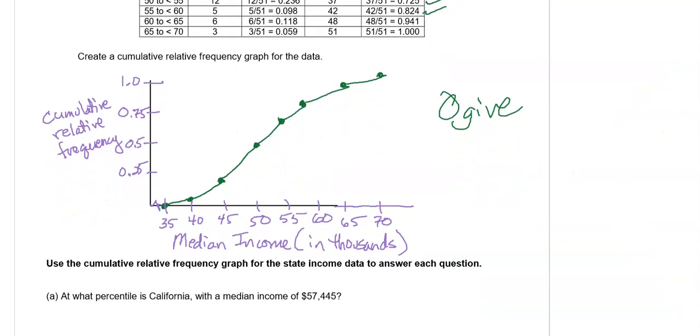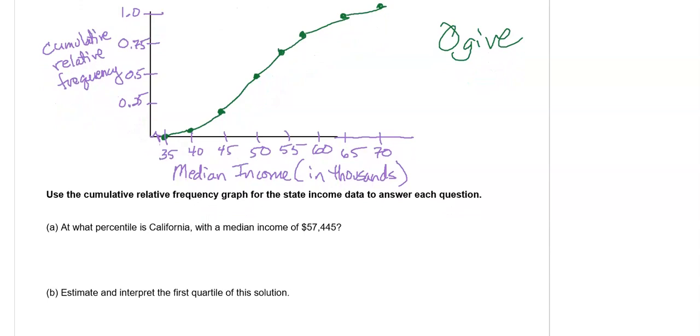So if we come down to Question A, at what percentile is California with a median income of $57,445? Okay, so 57.5, right? It should be about right here. So I'm going to go up, and then I'm going to go across.